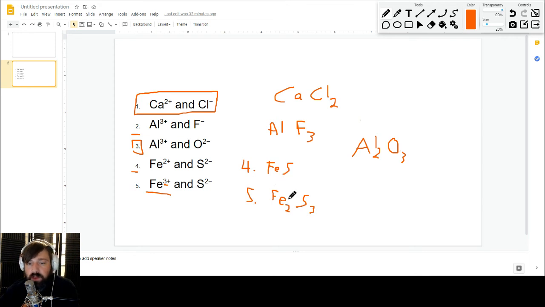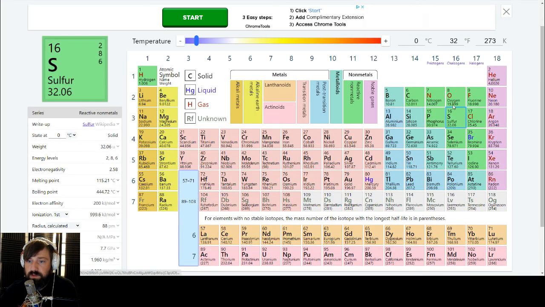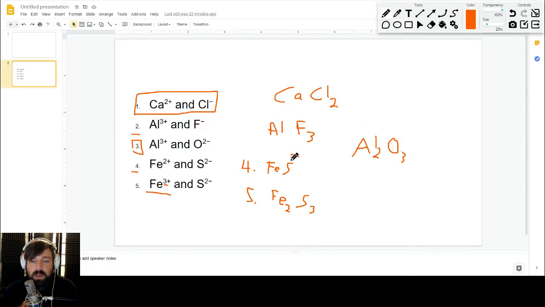So one thing you can do is, if someone says you have an iron sulfide compound, an ionic compound with iron and sulfur, and they give you this chemical formula, you know that sulfur is going to be 2 minus. You can look at the periodic table, sulfur, it's right here, 2 minus. And if it's FeS with no subscripts, you know that this is going to be 2 plus.